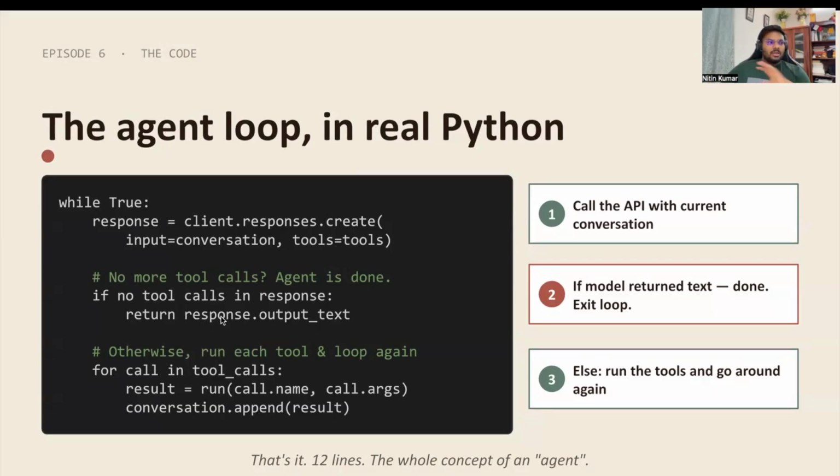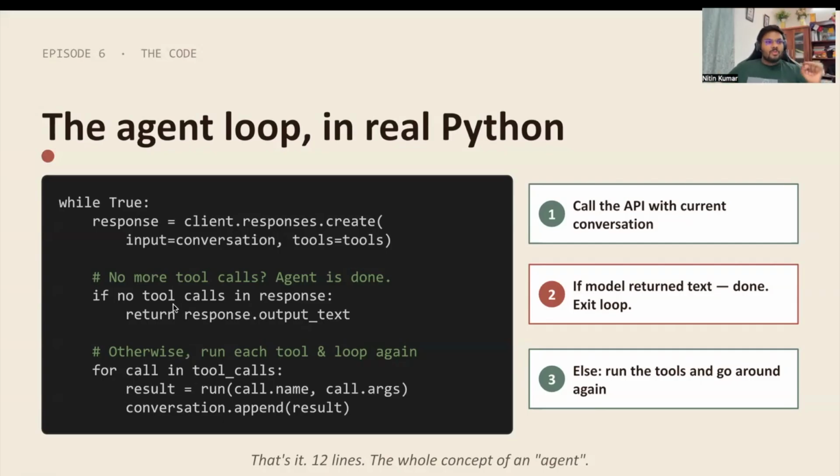We will say, okay, we got our final answer. But let's say there is a tool call in our response. We iterate over all the tool calls that our response is asking for, call them one by one, and append the result of each tool call to the conversation. And again, this loop will reiterate until the model says no more tool calls are required.